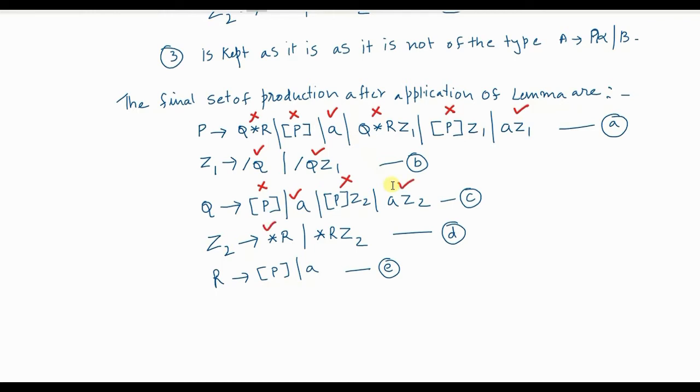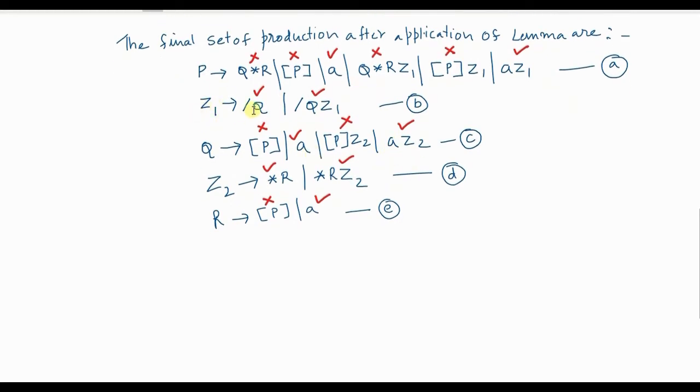This term and this term are in GNF. This is not in GNF because of the closing bracket. This is in GNF. So one thing is very clear: many terms here would have been in GNF, but just because there is a multiplication sign or a closing bracket somewhere, we were not able to say that they are in GNF.